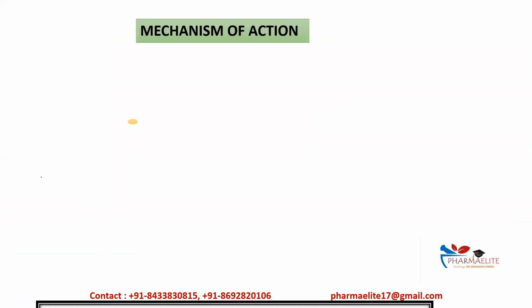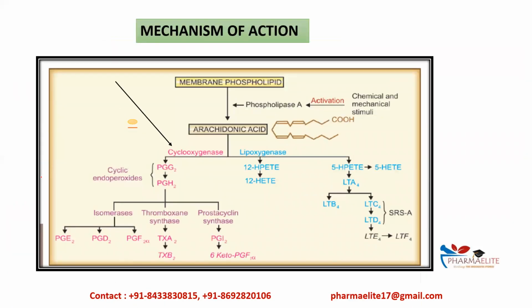Now we'll see the mechanism of action. So what happens first? The chemical and mechanical stimuli activate phospholipase A, and this phospholipase A will convert membrane phospholipid to arachidonic acid. Then several enzymes such as cyclooxygenase and lipoxygenase further convert this arachidonic acid to other products.